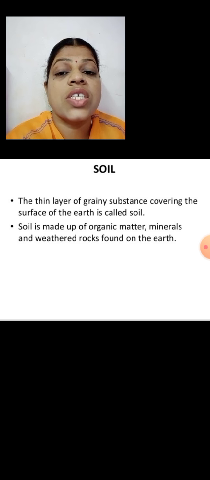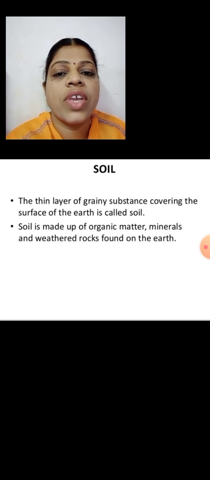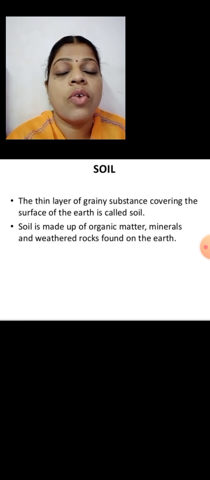Then what is the next factor? Soil, isn't it? Yes. If you define the soil, a thin layer of grainy substance covering the surface of the earth is called the soil. So children, almost all of you would have seen this soil. Yes, if we take the soil, what can we feel?